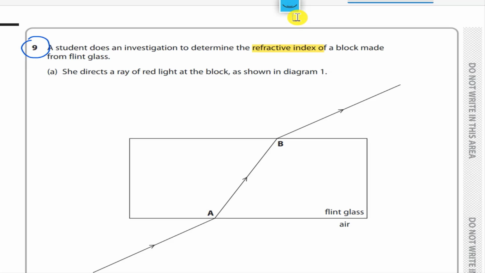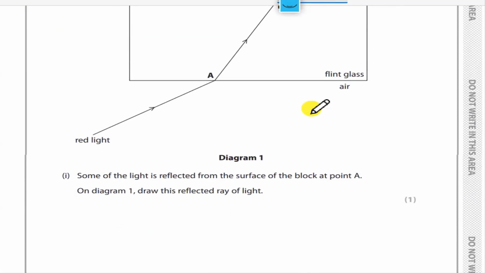She directs a ray of light at the block as shown in diagram 1. Some of the light ray is reflected from the surface of the block at point A. On diagram 1, draw the reflected ray of light.